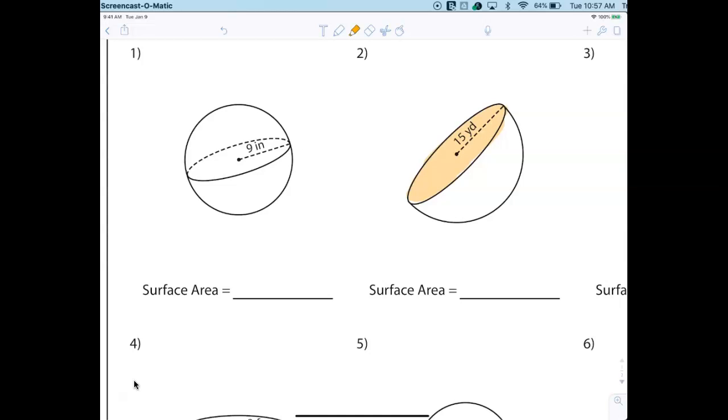So, can anybody tell me what they think the surface area formula would be? What's the area of the base?